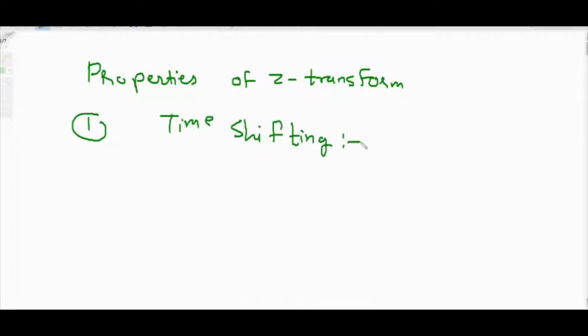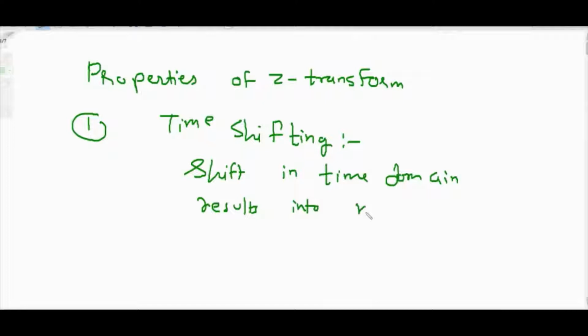A shift in the time domain results in multiplication by z raised to power alpha or z raised to power minus alpha in the z domain.